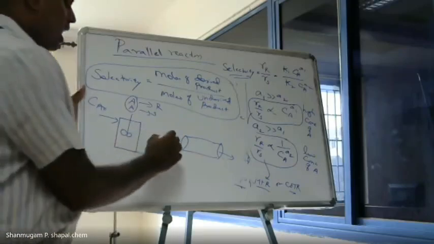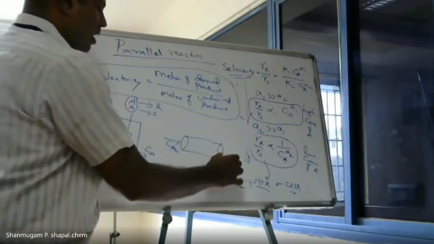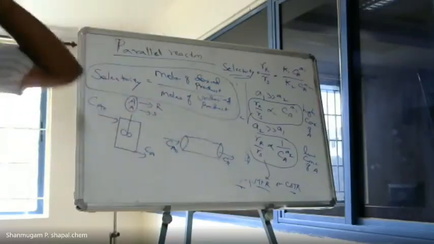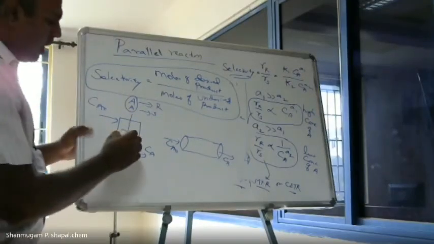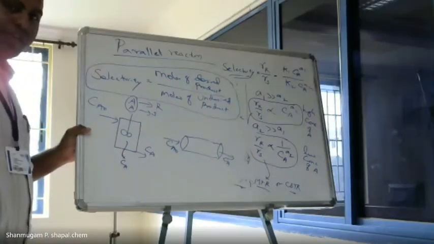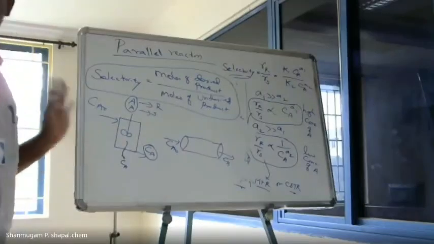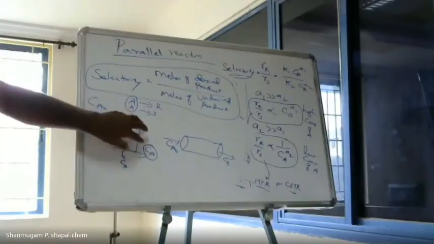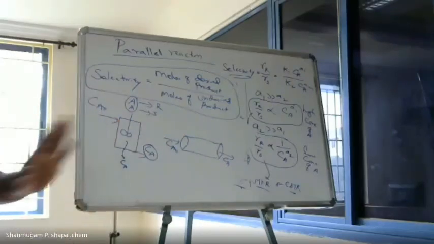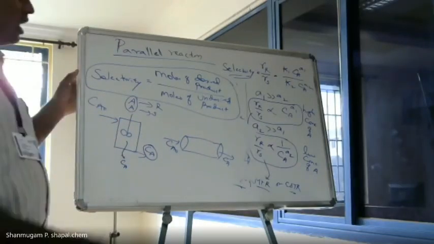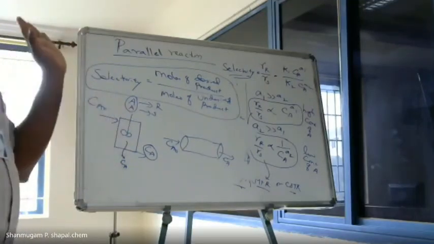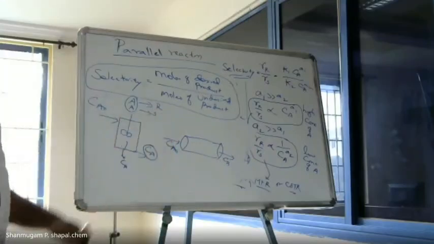In an MFR, the concentration in the tank will be Ca, the same as at the outlet. So there is no change at all, and the concentration in the tank is low compared to the initial concentration of the feed.